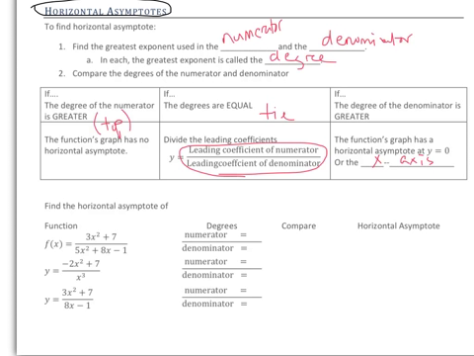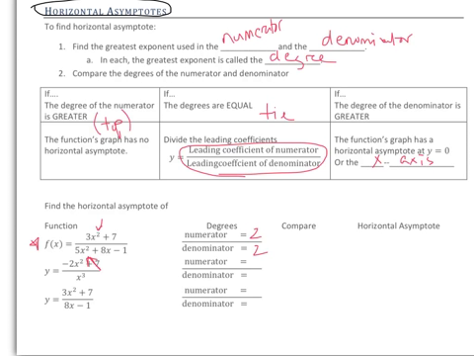So let's look at how we're going to use this. If you look at the first one, it says f of x equals 3x squared plus 7 divided by 5x squared plus 8x minus 1. So find the degree of the numerator, and the degree is a 2, and on the bottom we also have a 2.